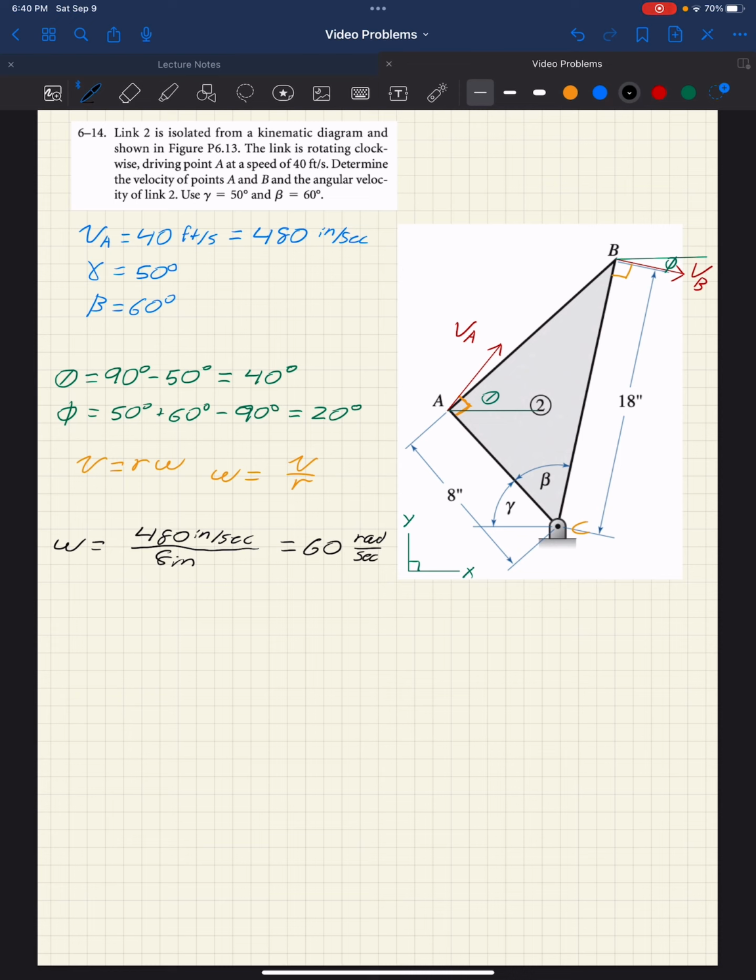So to rewrite this with a little more space, omega is equal to 60 radians per second, and it's moving clockwise. Okay, so this is one of our answers, but not only is it one of our answers, it's going to help us solve for VB.